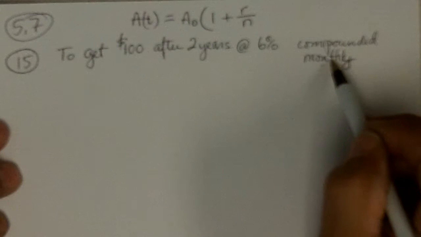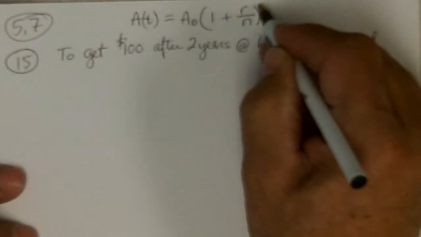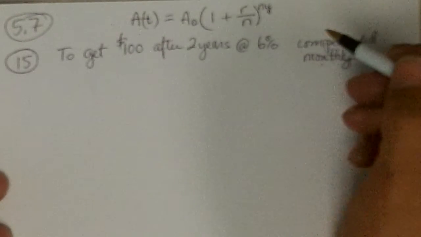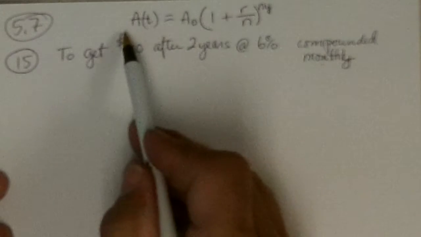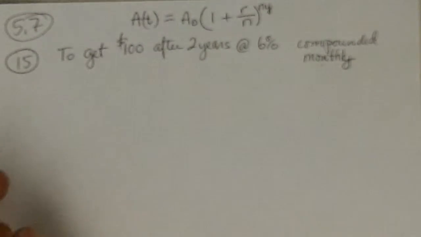So compounded monthly means you're going to get it 12 times in a year, to the n times the number of years. Okay? So that's when you're compounding everything, all the compounding except for when it is continuous.